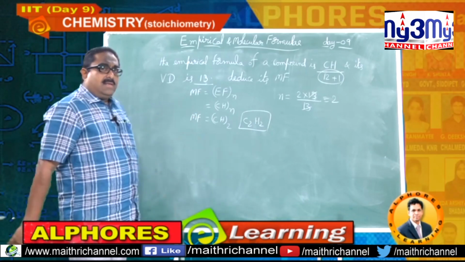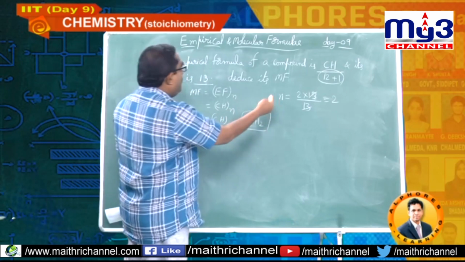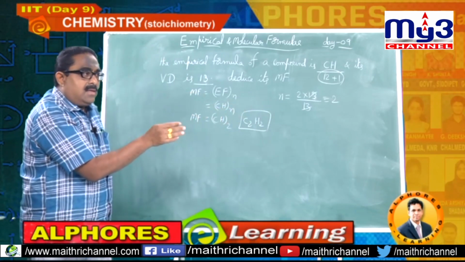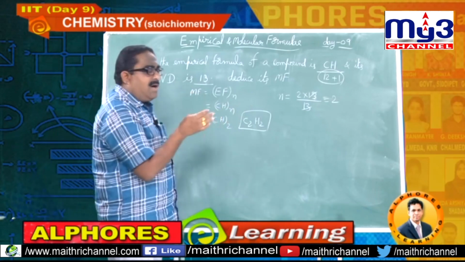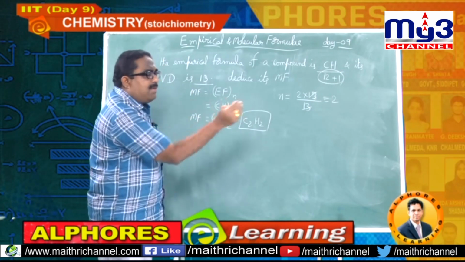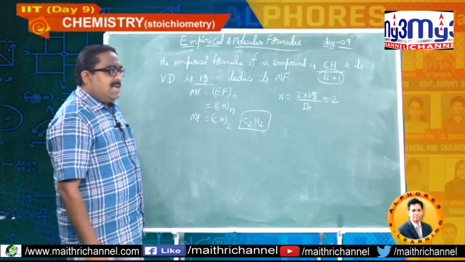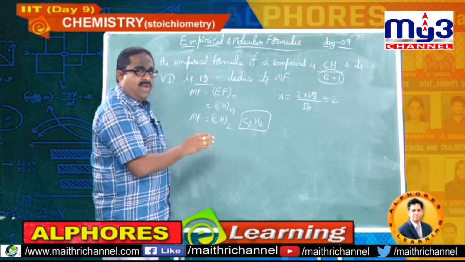Next, we are going to learn about the next type of numerical, that is based on the practical data of a compound. We are going to evaluate its empirical formula. First of all you please finish this, then I will go for that.